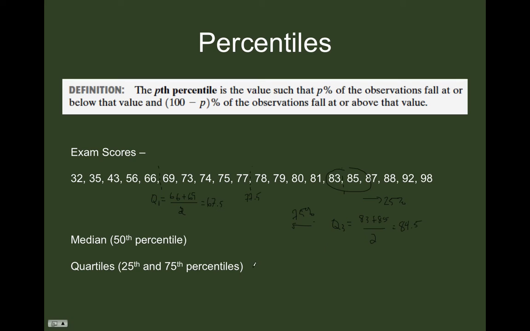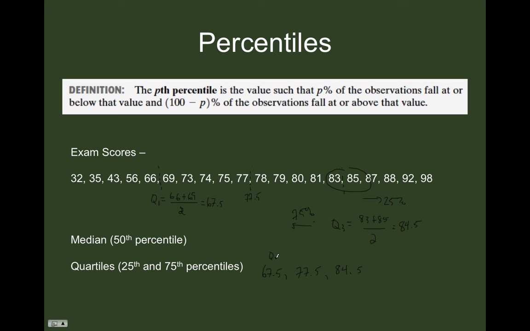So the quartiles here are 67.5, 77.5, and 84.5. So why did I put 3 numbers for the quartiles? Well, these 3 numbers are actually the 3 quartiles.